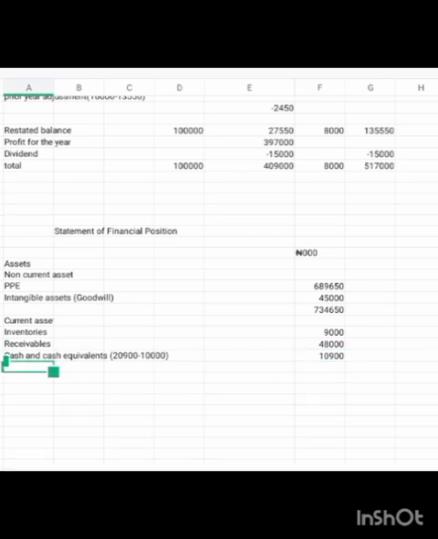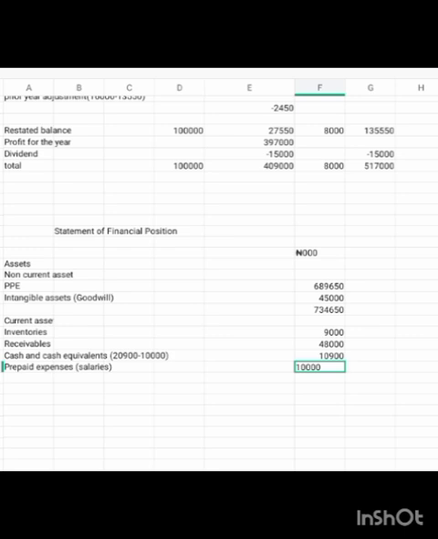All right. We have another asset, which is prepaid expenses. That is the salary we prepaid. You can check the additional information. We have 10,000 naira.